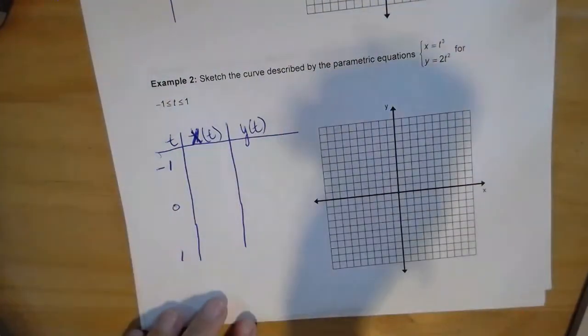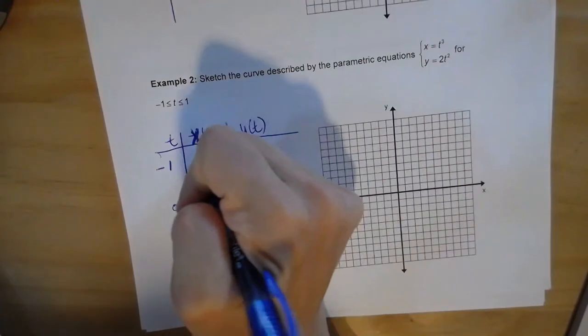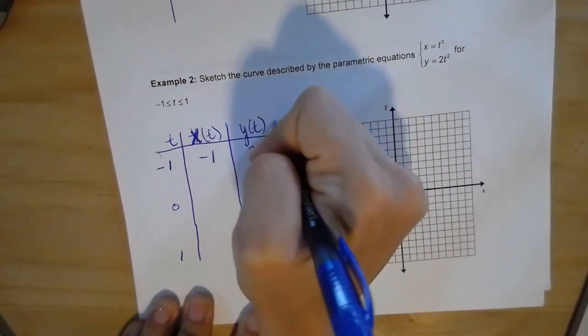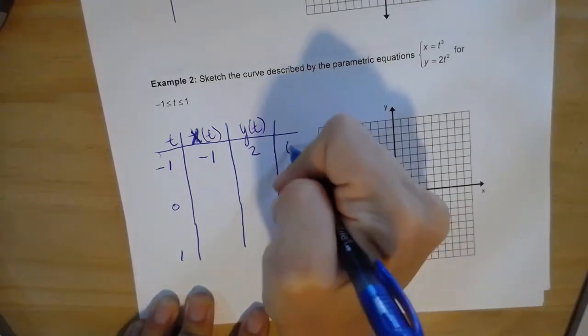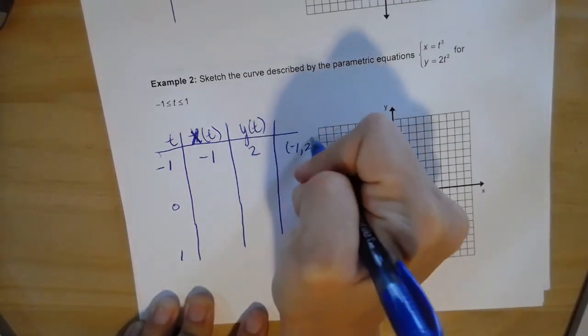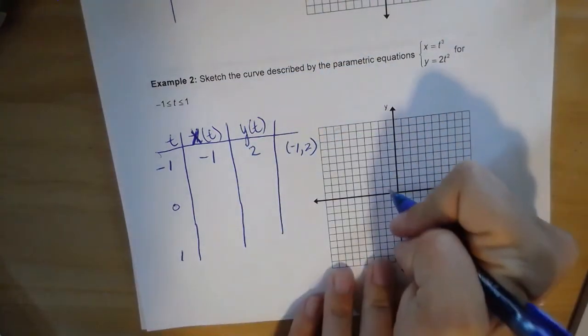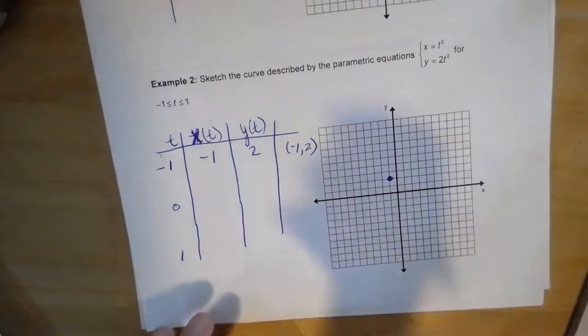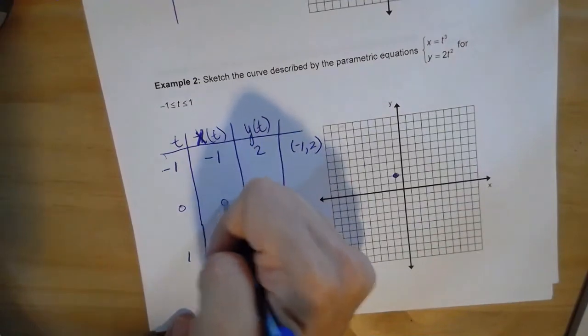Okay, so when I put -1 in, I get -1, 2. So the coordinate I have is -1, 2. Okay, -1, 2, right here. So it starts right here, and then if I plug in 0, I get 0.